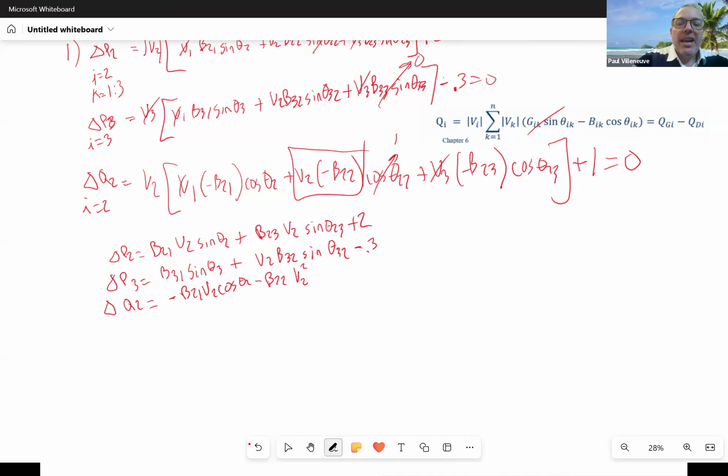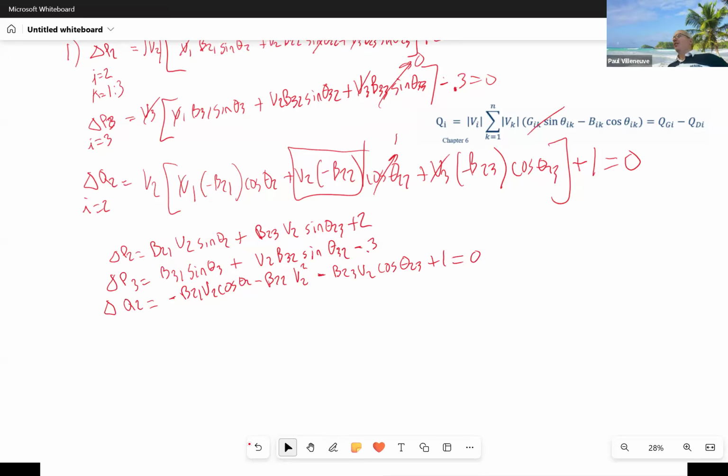And then lastly, we have minus B23 V2 cosine theta 2, 3 plus 1, which is going to equal 0. Those are about as simplified as I can get for my equations.